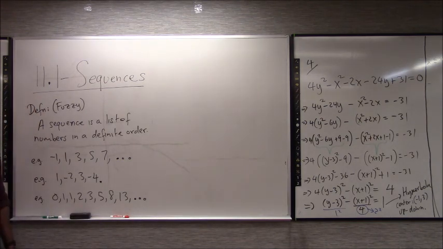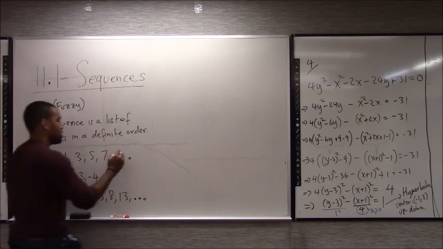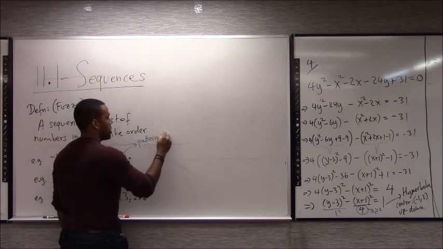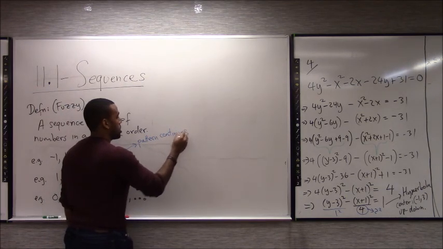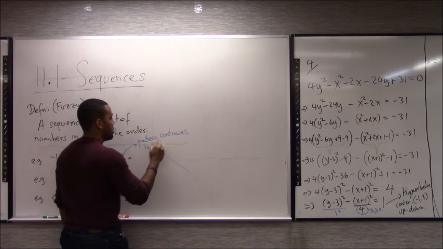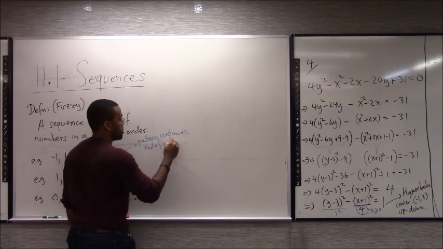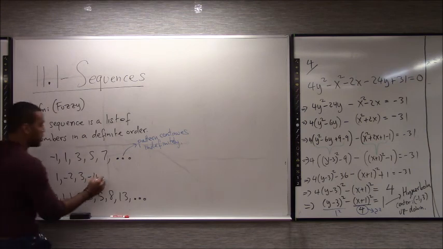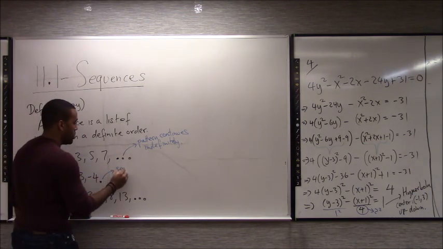So there's a rule in my head I was thinking of when writing down each of these lists of numbers. There is a definite pattern to them. The ellipses basically mean that the pattern continues indefinitely. Usually you just imagine that it goes on forever. Here, this one, the sequence ends.